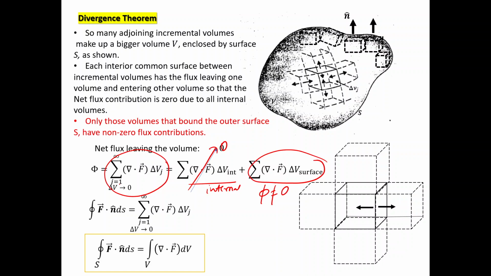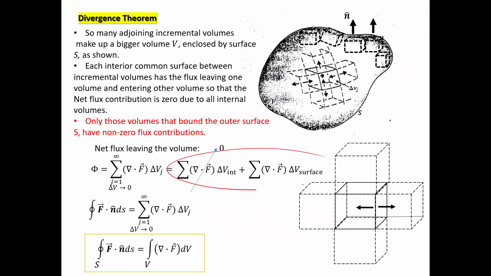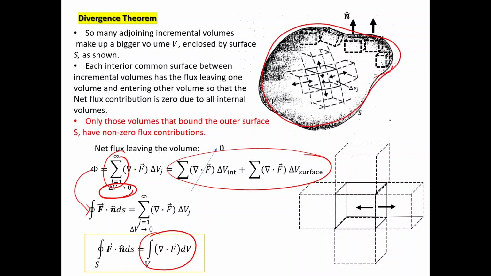Then overall, taking both of these summations and taking a limit del v tends to 0, we can replace summation with the integration. And of course, total flux through the surface, since the surface is closed, that is why a contour integral is here.